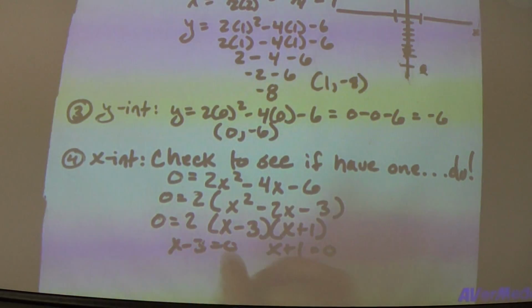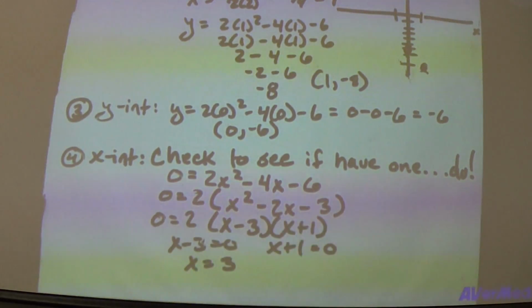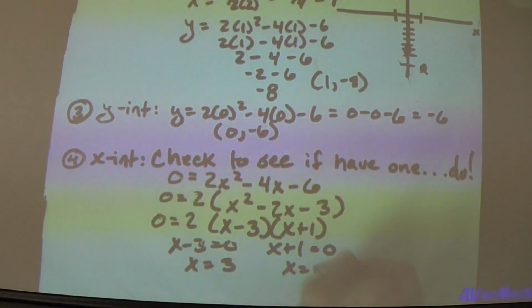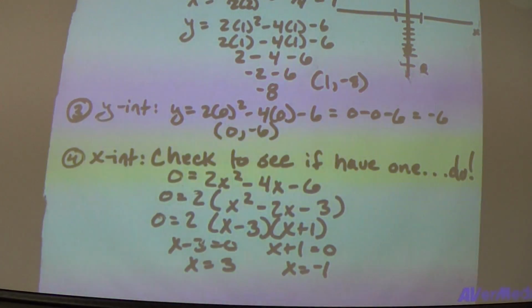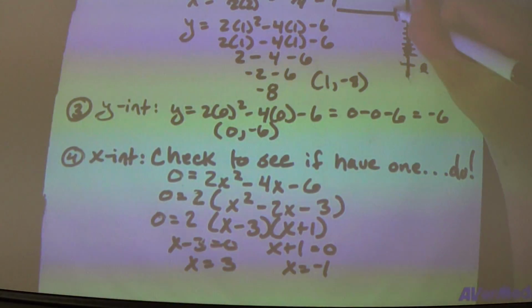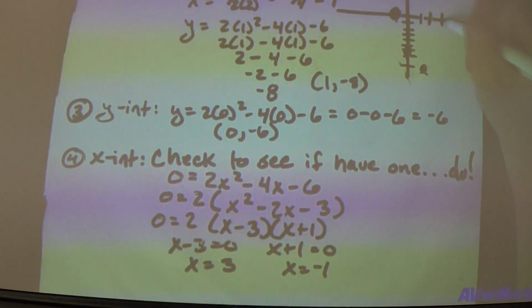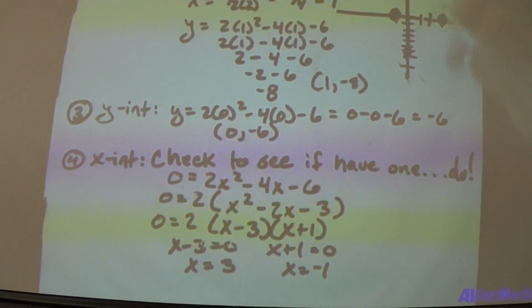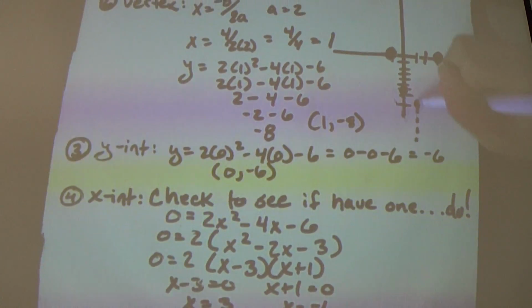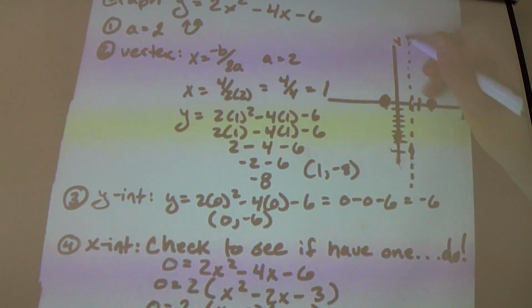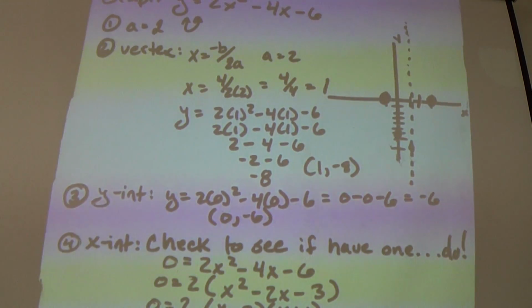Add 3 to both sides, I get x is going to cross at 3. Subtract 1, I get that x is going to cross at -1. So I go ahead and plot those 2 points. Go ahead and mark the axis of symmetry. What is the label for my axis of symmetry?